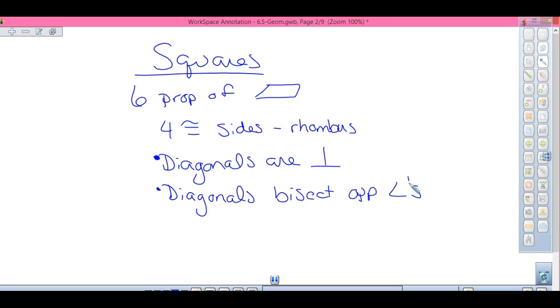Yep, because squares have 4 congruent sides. Okay, and it has 4 right angles, which makes it a rectangle. And what did we learn about rectangles? The diagonals are congruent.